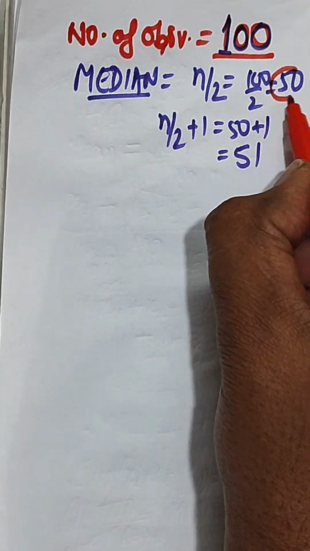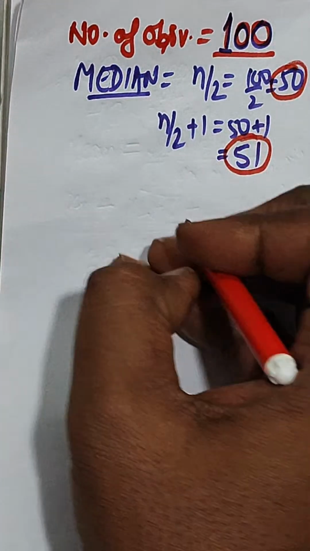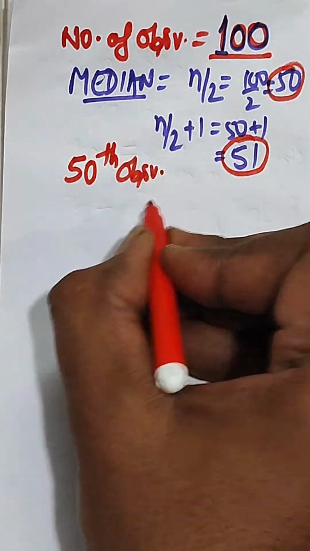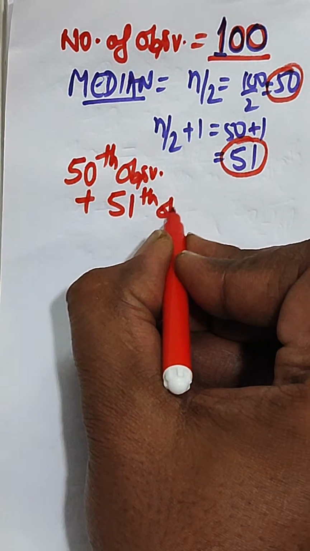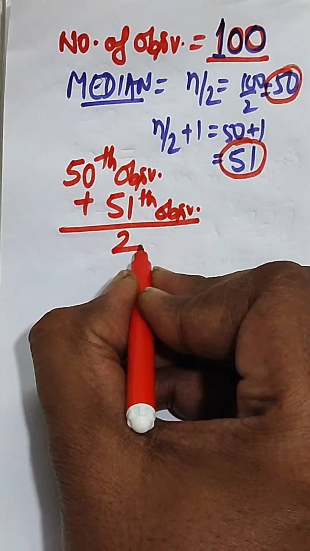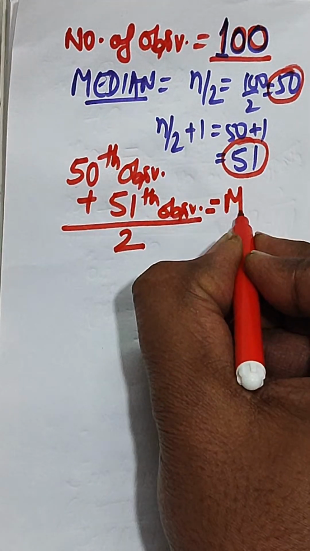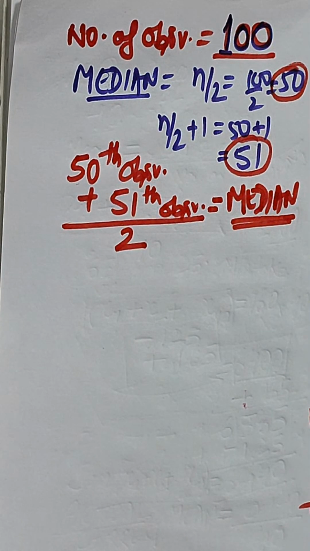So the 50th observation plus the 51st observation, divided by 2, the average of these two, is your median.